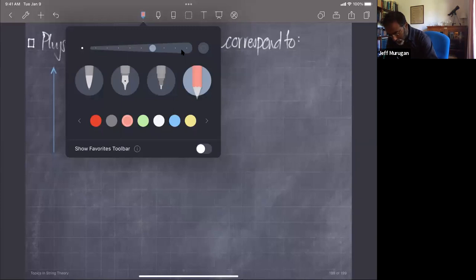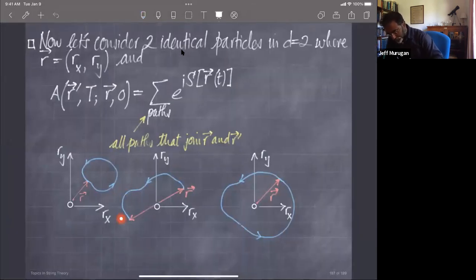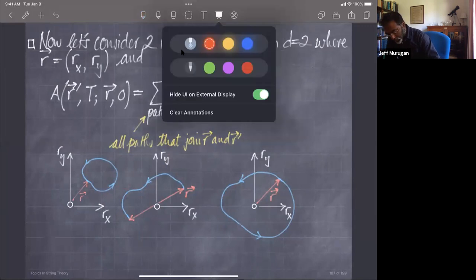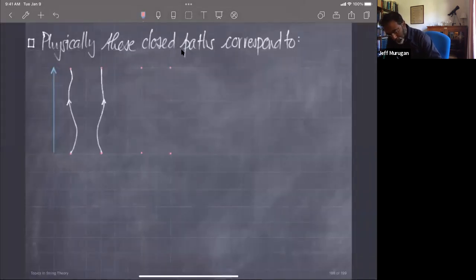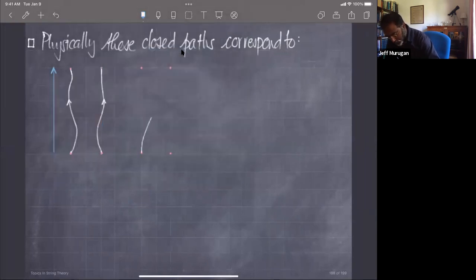The next set, the middle picture in the previous slide, corresponds to an exchange path. So here, two particles are exchanged. Again, they're indistinguishable particles. But that would look like that.